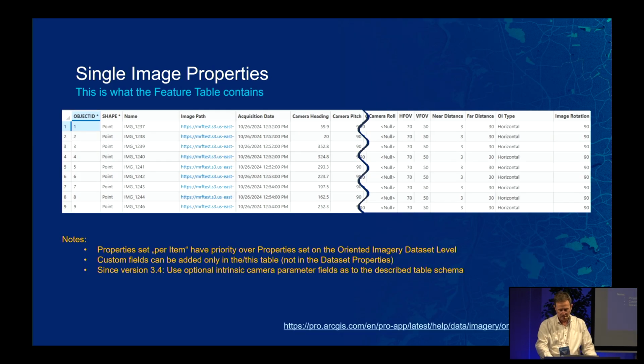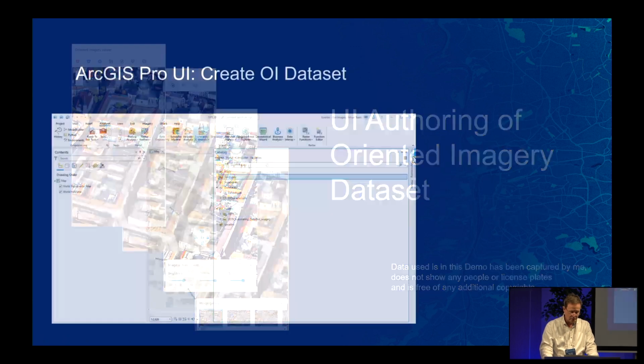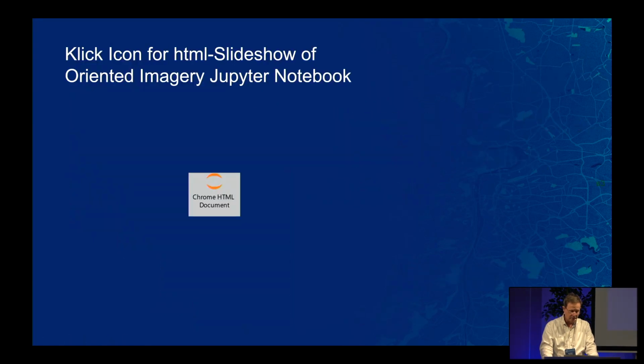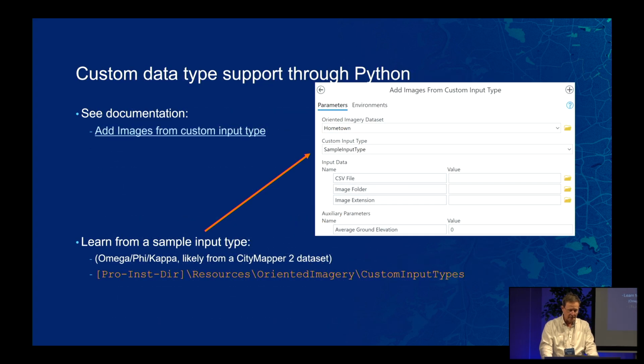Briefly back to that demonstration. I don't want to go into too many details here. We will look into this in the workshop tomorrow a little bit, but there is a huge way of customization built into the product.